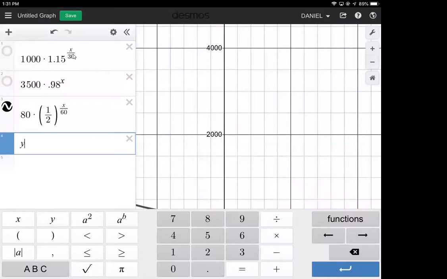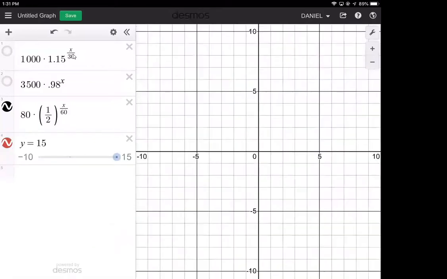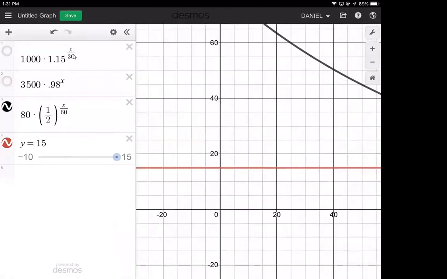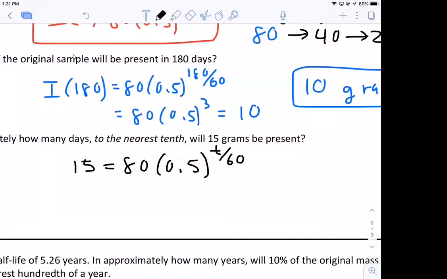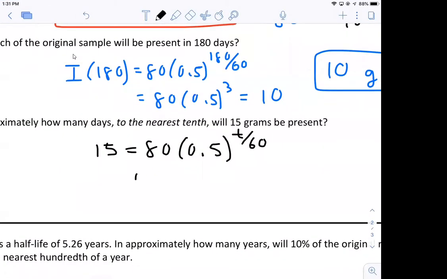And we're also graphing y equals 15. Go back home. And it's going to take 144.9 days, to the nearest tenth.